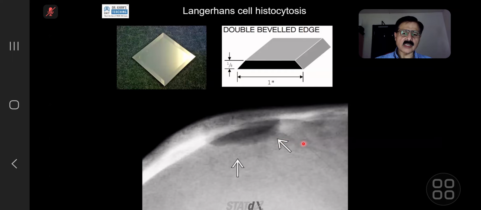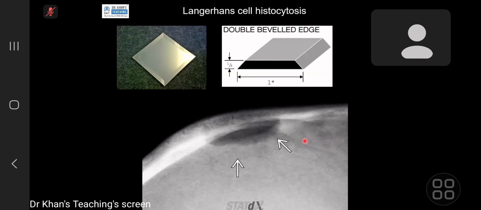There is a differential diagnosis in your books for lytic lesions. This is given in CNS, and that is not my mandate today. I teach it in CNS, where there are lytic lesions with sclerotic edge and lytic lesions with non-sclerotic edge. So there is a bit of difference between the two.